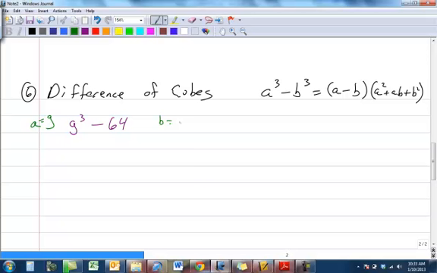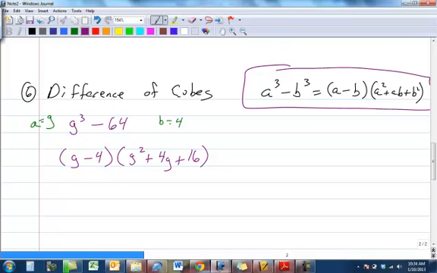Guess and check a little bit, and you'll find that b is 4. So what this is going to factor to is g minus 4 times the quantity of g squared plus 4g, right, ab, plus b squared is going to be plus 16. Once you figure out what a and b are, you just plug it into the formula. And that's our final answer here.